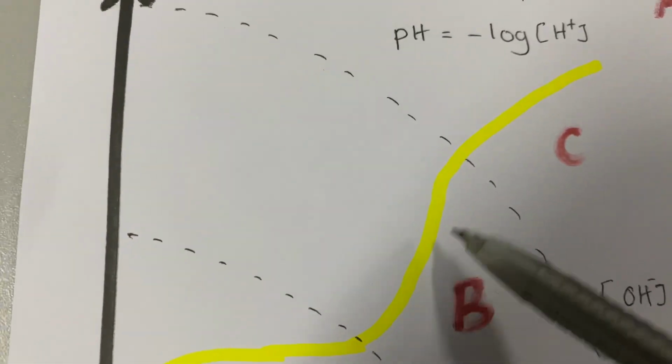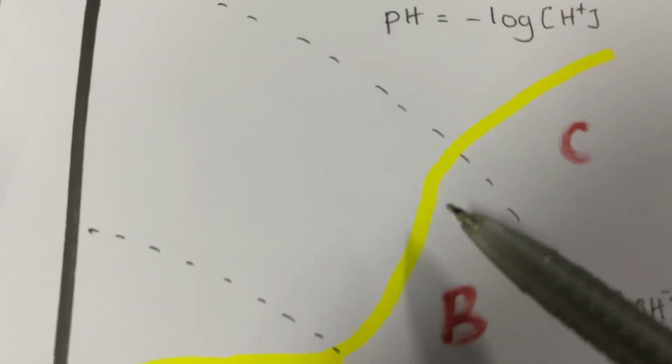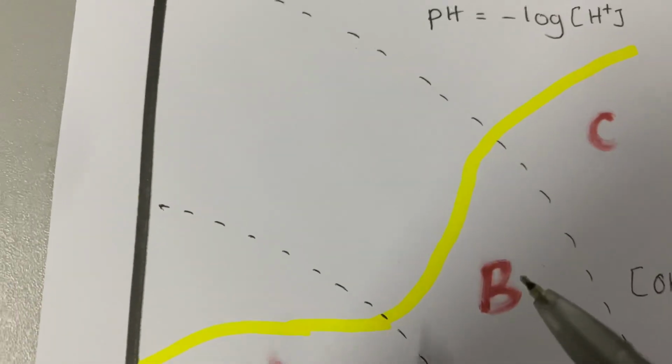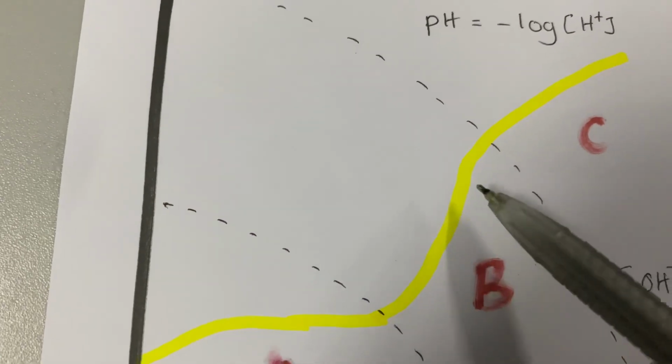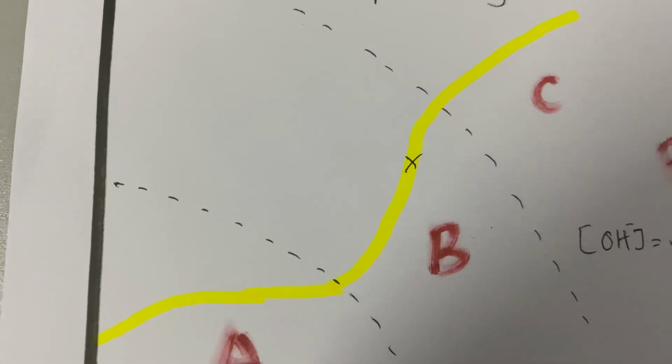Okay, so next we will look at part B. Part B is when the pH drastically changes. If you look at here, it will drastically change. And then along this curve, the equivalent point can be found.